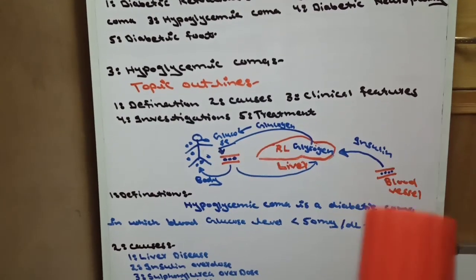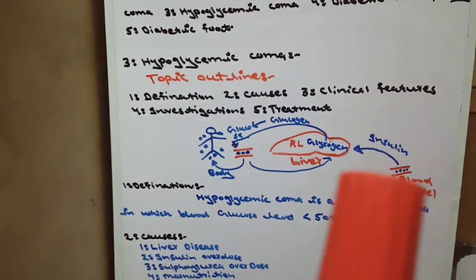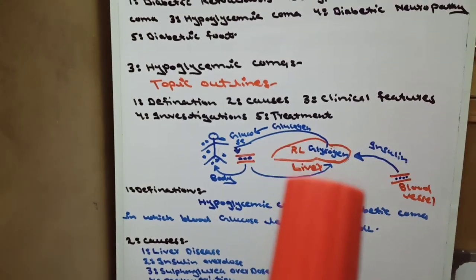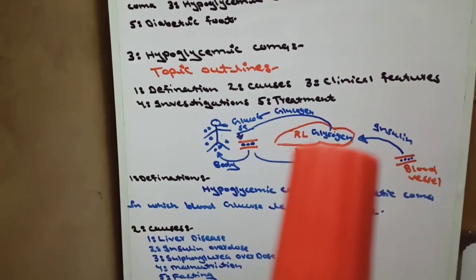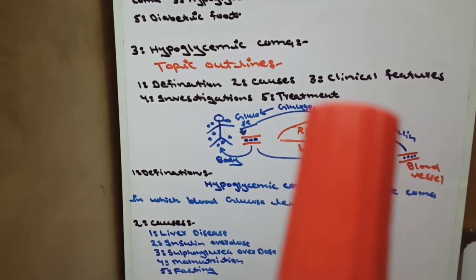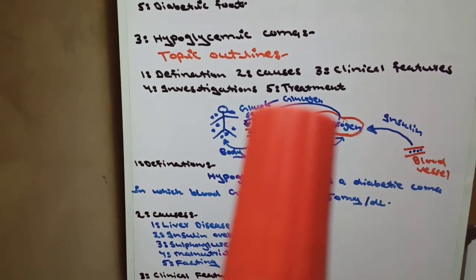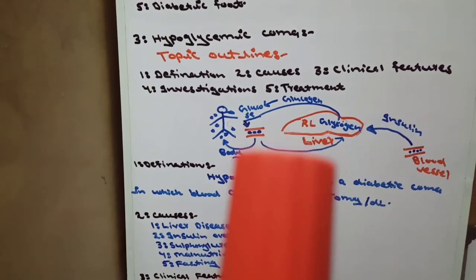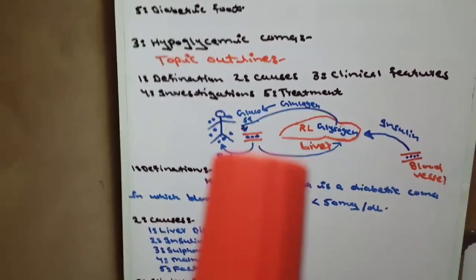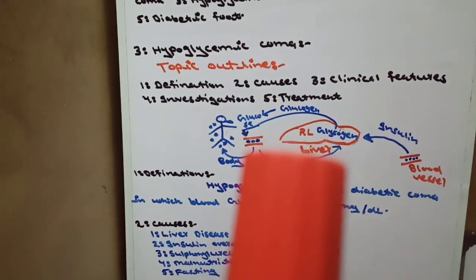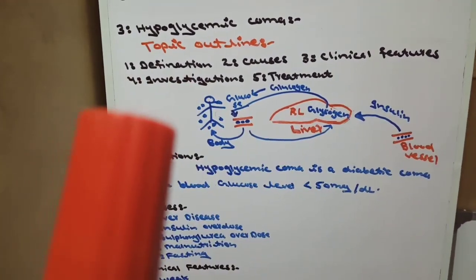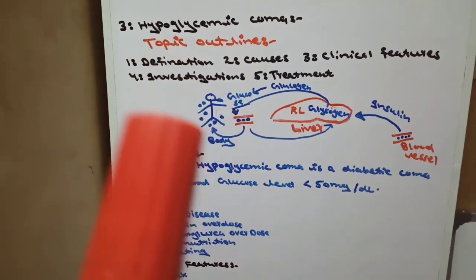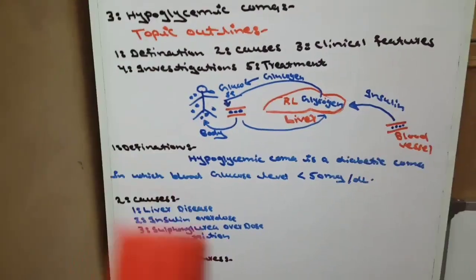Insulin does that function, carrying glucose from blood vessel to liver to change into glycogen. Now, the liver function is that it changes glycogen again into glucose and sends it to the blood. This is the function of the liver. Then from blood, this glucose is sent to body tissue.